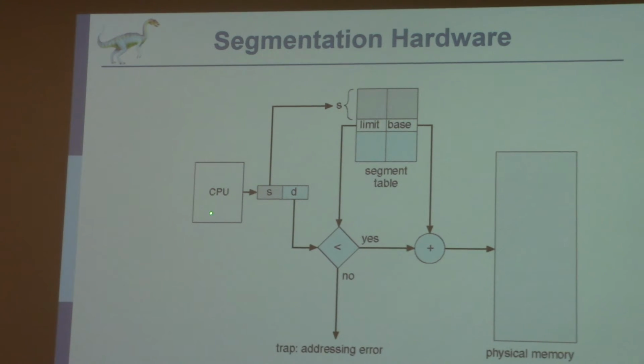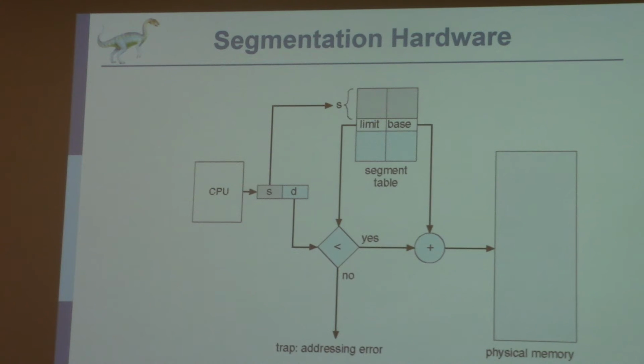Using the segment table base register, you can go to the memory location, then get the limit and base, apply the base and limit hardware, as we have used before, then check whether it's a valid address or not. In case it is invalid, trap or interrupt. Otherwise, finally access the physical memory.